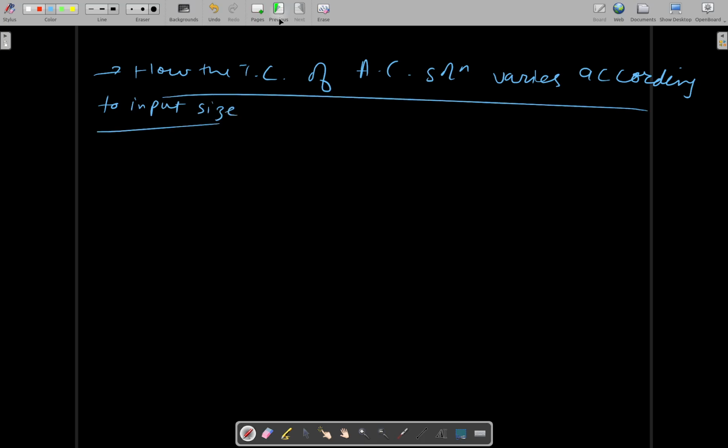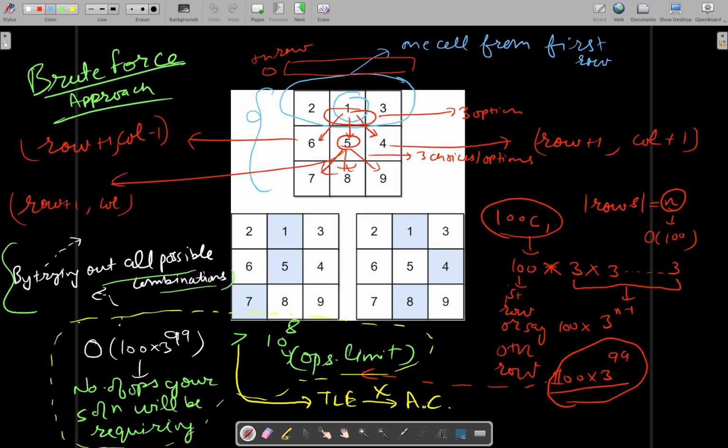Then you will be able to understand what this limit concept is all about. Right now what I can tell is, if the number of operations of your program exceeds or becomes equal to this limit, then you may get a TLE and your solution will not be accepted.